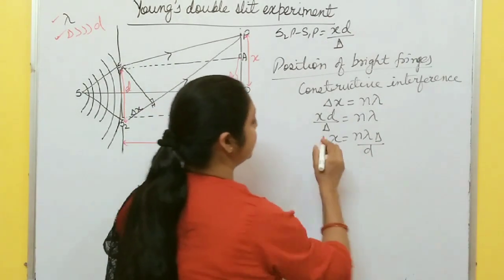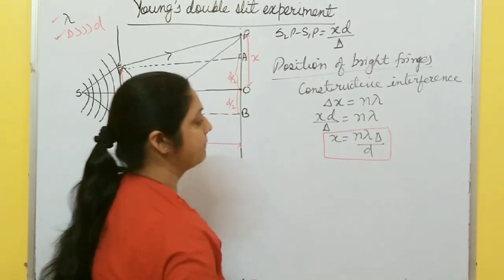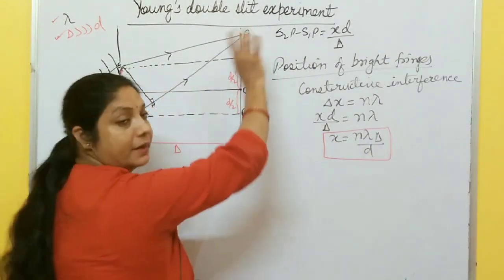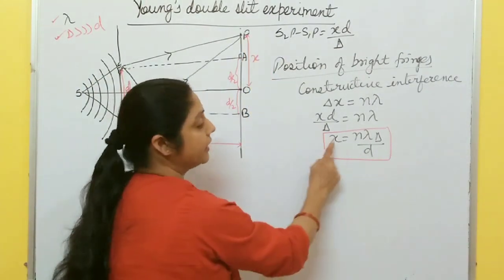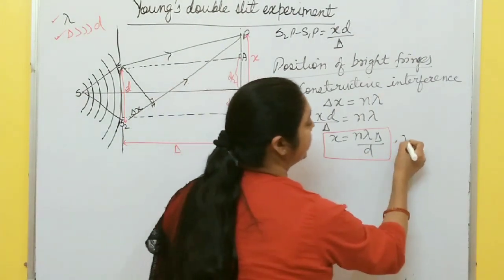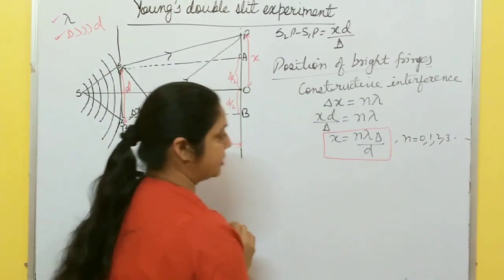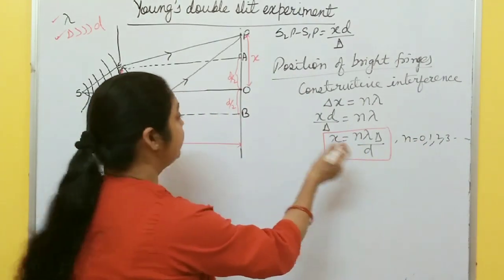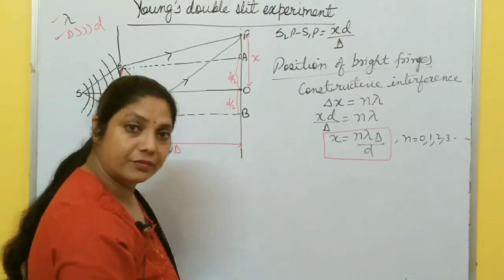Actually this is the position of this bright fringe, right? At point P, when a bright fringe is formed, the distance from the center of the screen to that point x is equal to n lambda capital D by small d, where n equal to 0, 1, 2, 3, and so on. If x is 0, it means at this point, the center of the screen, a bright fringe is formed.